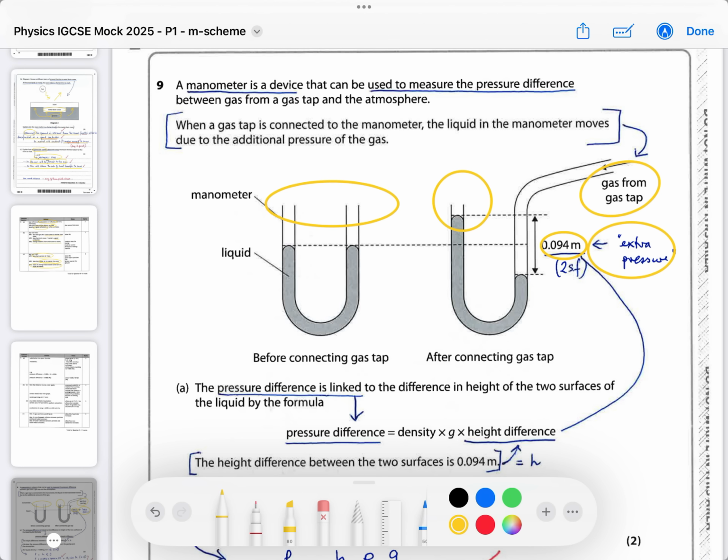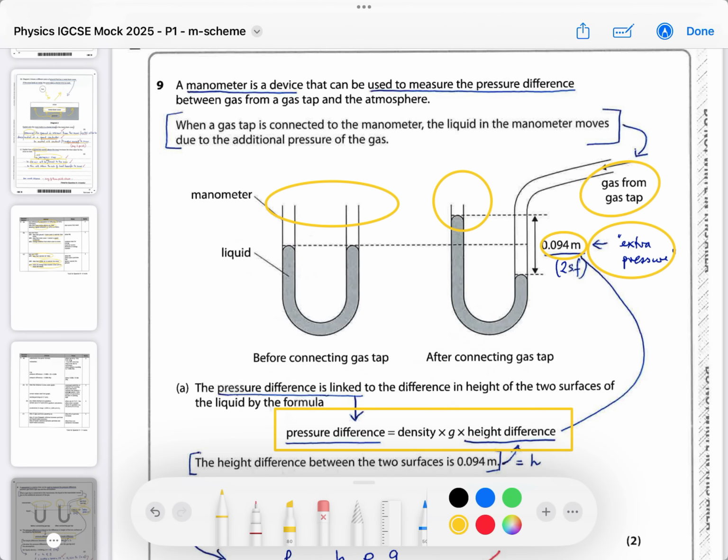meters, two significant figures. Okay, so you know from the pressure equation that the pressure difference is linked to the difference in height of the two surfaces of the liquid, and the equation is pressure difference is equal to density times gravity times the height difference.